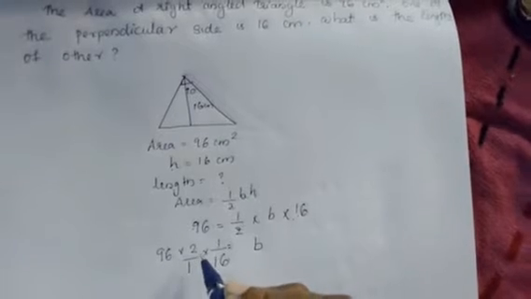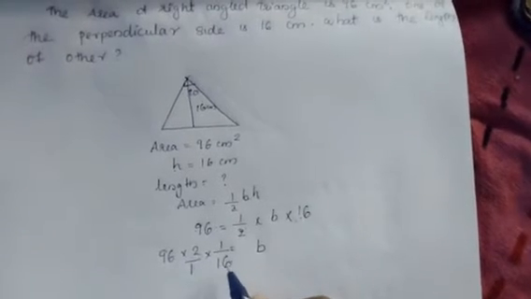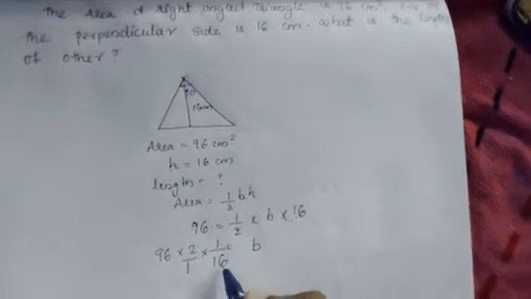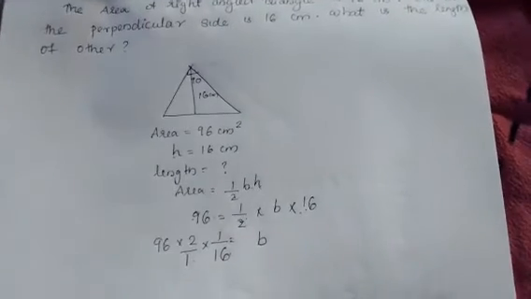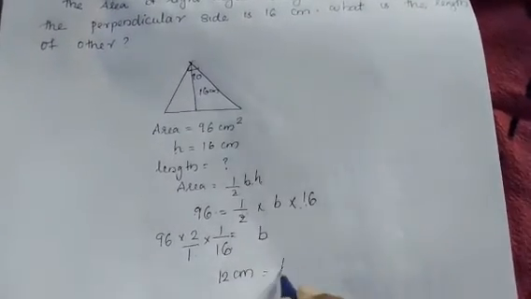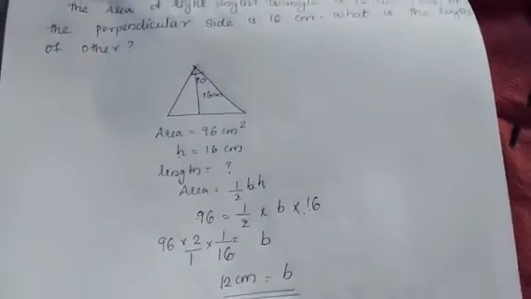When we find the product and divide it by 16, we get the length of B, that is 12 centimeters, the length of the other side.